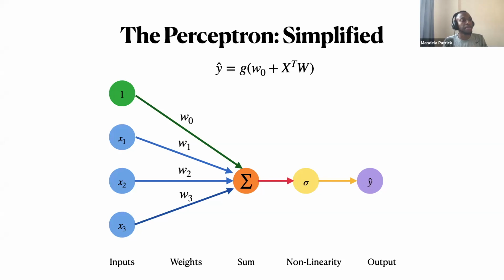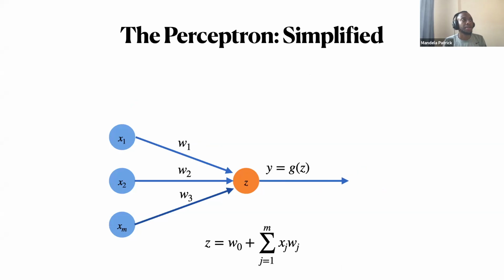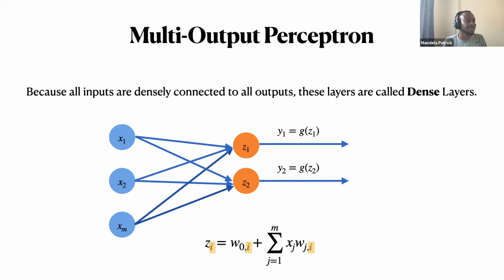We sum them, apply a nonlinearity, and that gives us the output. That's represented above in its matrix form, but fundamentally it's a sum plus a nonlinearity. We can simplify it: a weighted sum plus a bias term gives us our output.